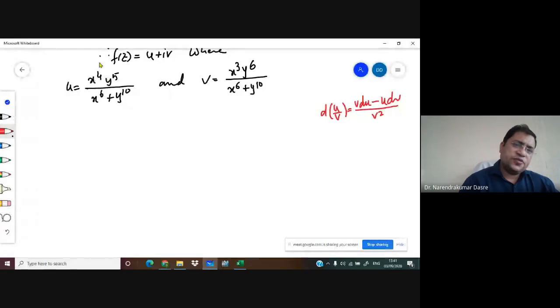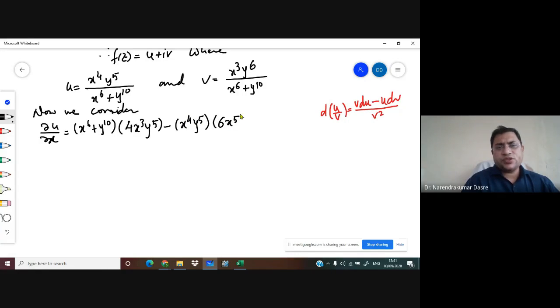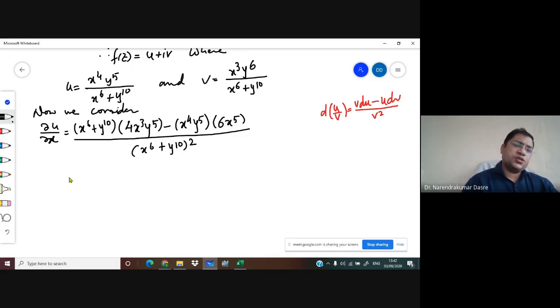So we consider the derivative of u with respect to x: x raised to 6 plus y raised to 10 into 4x cube y raised to 5, minus x raised to 4 y raised to 5 into 6 x raised to 5, upon x raised to 6 plus y raised to 10 bracket square.